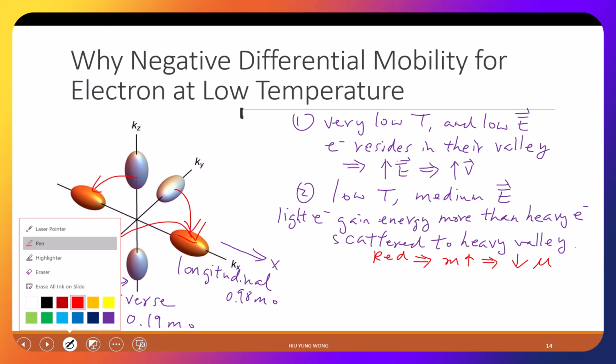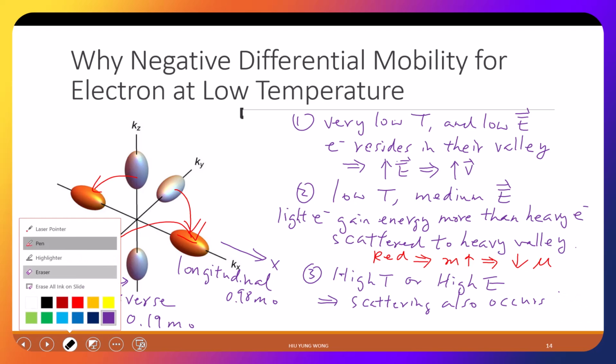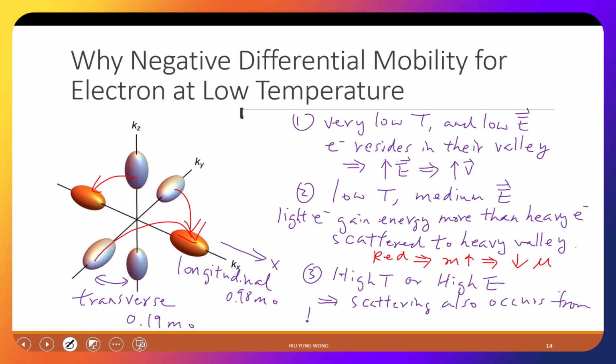Okay? Then why don't you have this problem at high electric field or at high temperature? Because scattering also occurs from heavy to light valley.